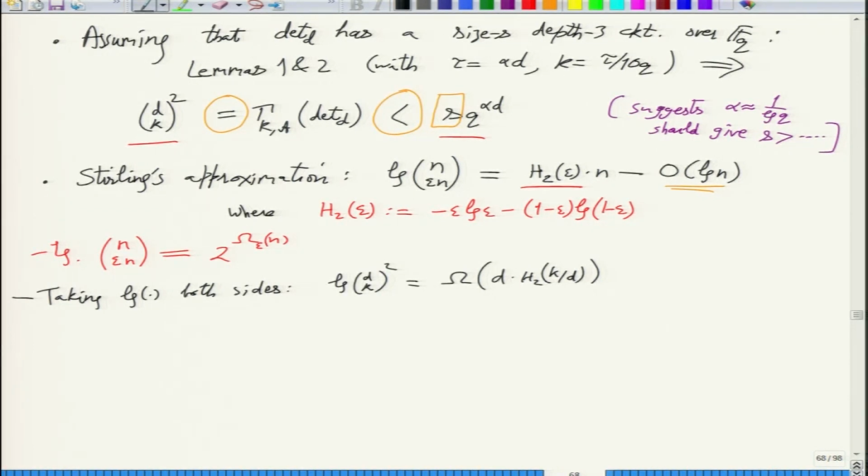This is the inequality. So omega d times entropy, which is omega d times, k over d is, yeah, so that we have to read it from here. k over d depends on tau over d, which is alpha, so alpha over 10q.